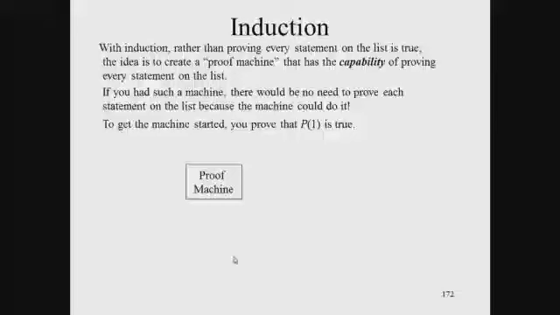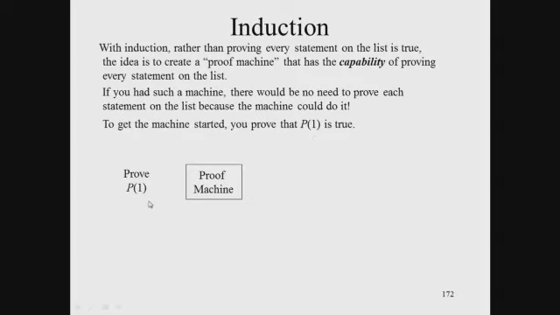Make sure that the machine has the capability of proving every statement on the list. And let me show you what that means. To get the machine started, what you have to do is manually show that P of 1 is true. You actually have to go and prove that the statement is true for the very first value of n equal to 1.